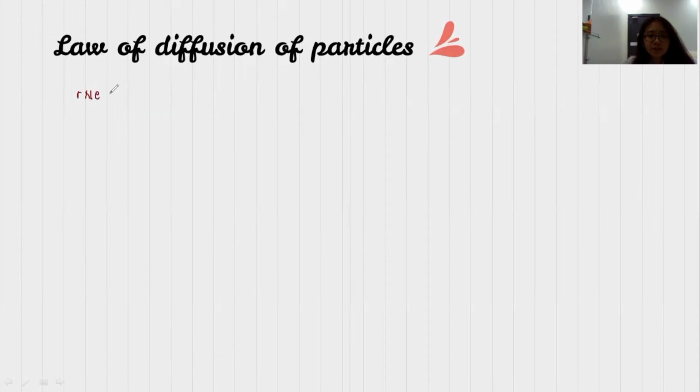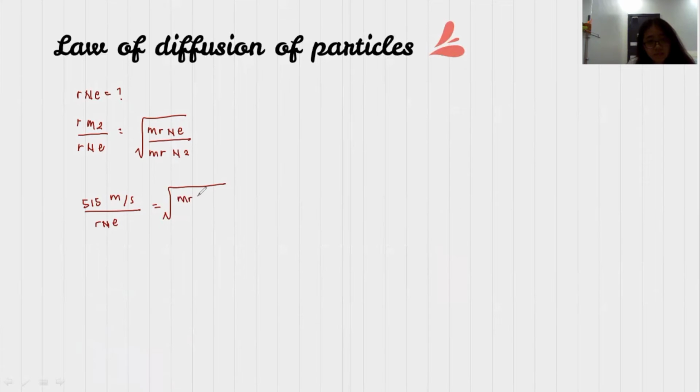Next, we're going to find the rate of diffusion of neon. First, we're going to write our formulas down. Cancel gram per mole out, and the result of square root of 20 divided by 28 is 0.85.